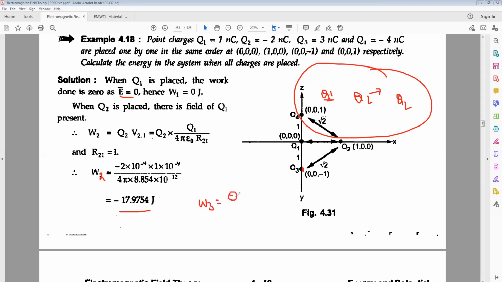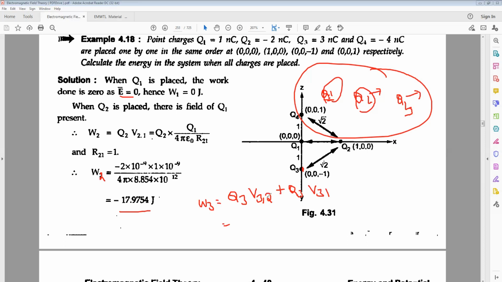So W3 is equal to Q3 times the potential V32 plus Q3 times V31. Got it, my dear students? There is a force exerted on Q3 due to Q1, and a force on Q3 due to Q2.